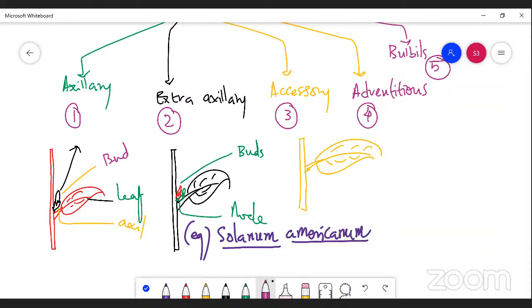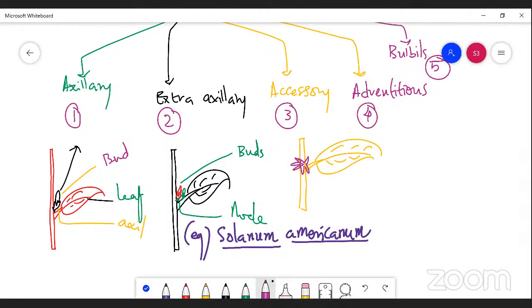Here you can see many buds developing on the nodal region, on either side of the stem portion, which means buds develop just around the stem, all over the area of the nodal region. You can see the development of buds. They are called accessory buds.